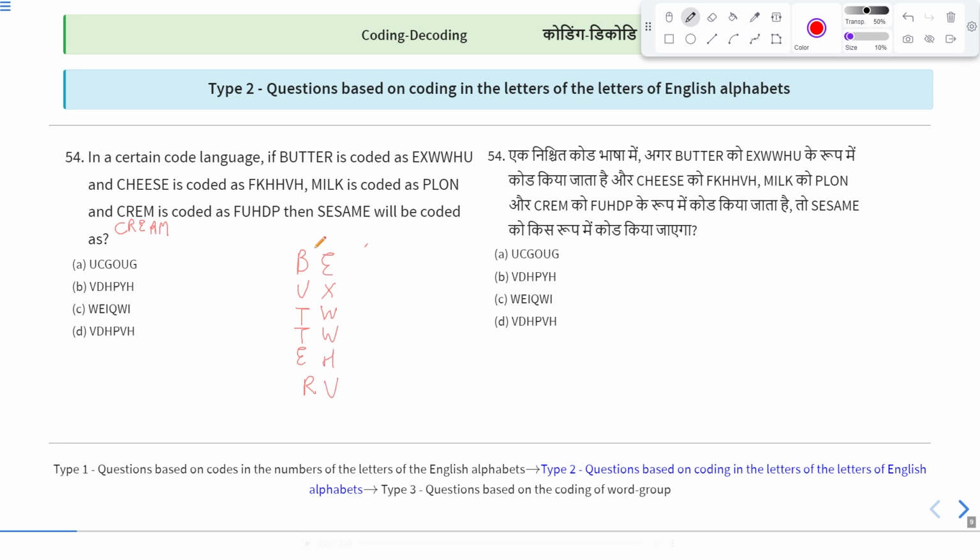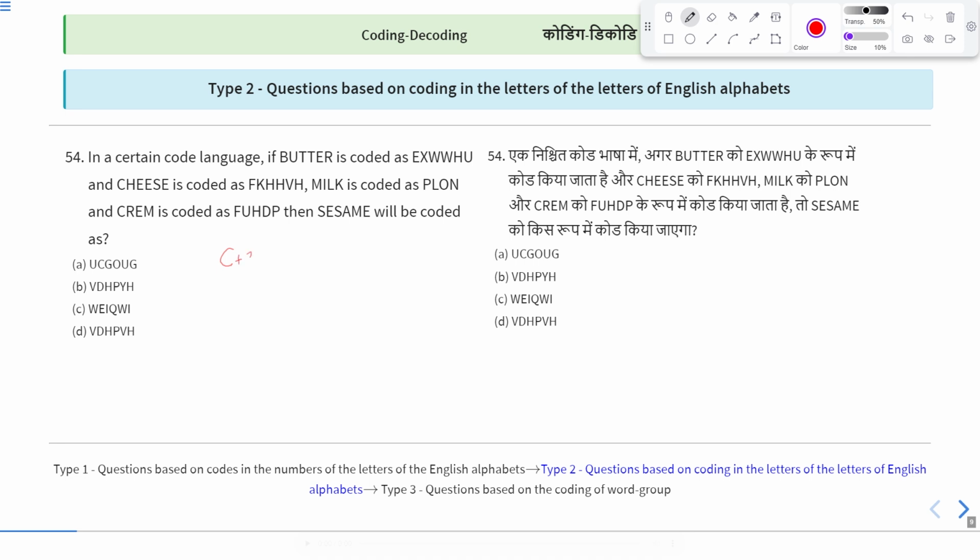Now I notice here that B plus 3 is E, U plus 3 is X, T plus 3 is W, E plus 3 is H, and R plus 3 is U. So the difference seems to be plus 3.